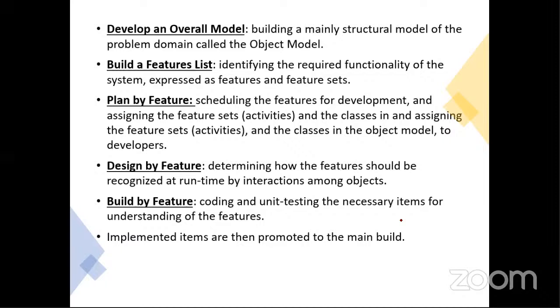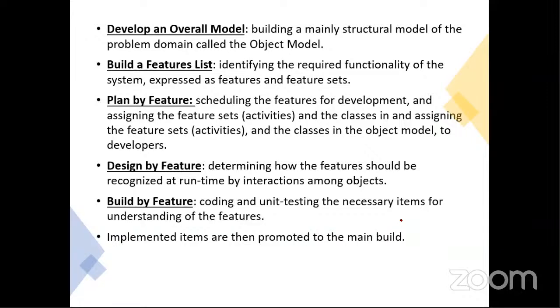So based on an object model, features are identified. Plan by the feature. Scheduling the features for development and assigning the feature sets and the classes in an object model to the developers. So this is nothing but the plan by the feature.